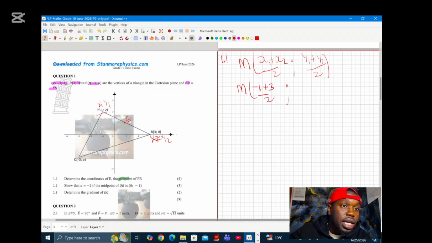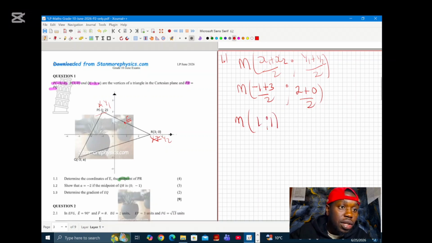And then the other coordinate is Y1, which is 2, plus Y2, which is 0, all over 2. You can just punch this into your calculator, or you can use your head, but you're going to find 1 and 1. Please don't be a genius. Use your calculator just to make sure of your answers. When you're under the pressure of the exam, things just get crazy.